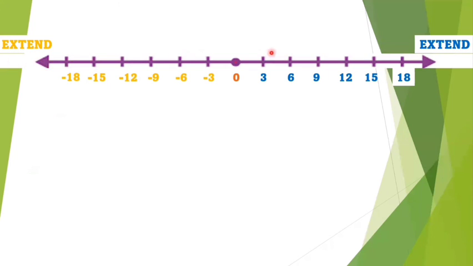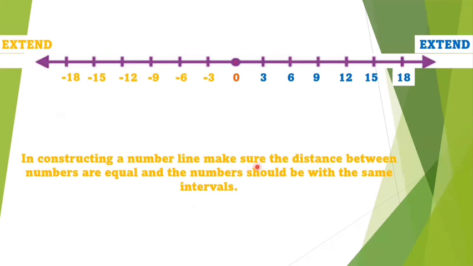Basta kailangan, ayan, nakalagay. In constructing a number line, make sure the distance between the numbers are equal. So, ibig sabihin, ang distance ng bawat numbers ay dapat pareho. Pare-pareho silang lahat, ang distance niya from the number and the next number. And the numbers should have the same intervals.